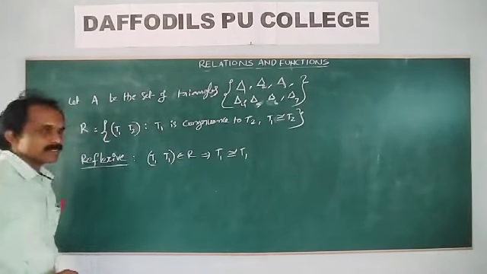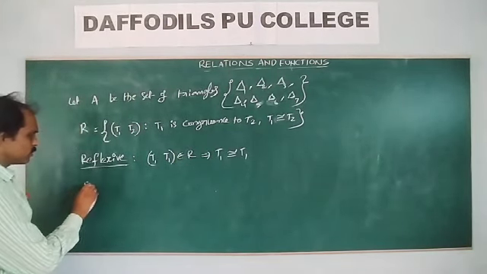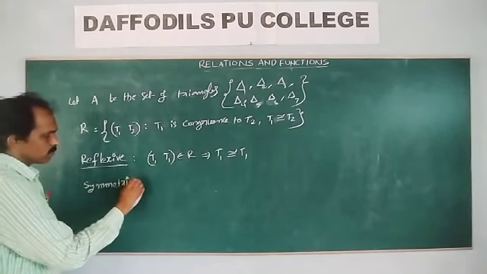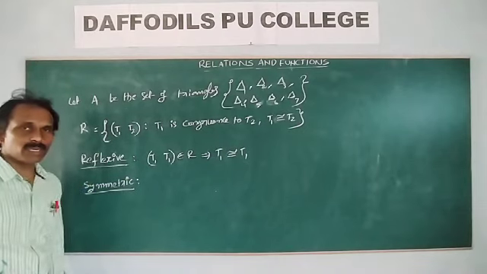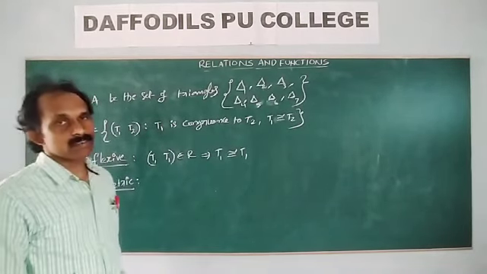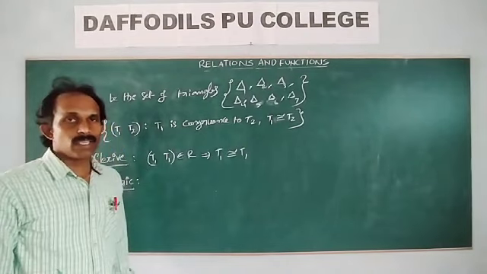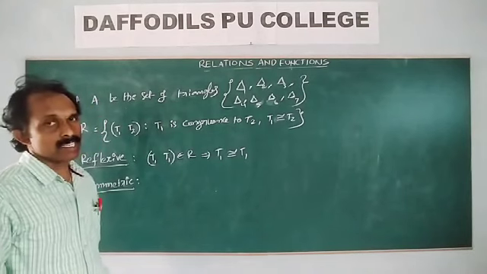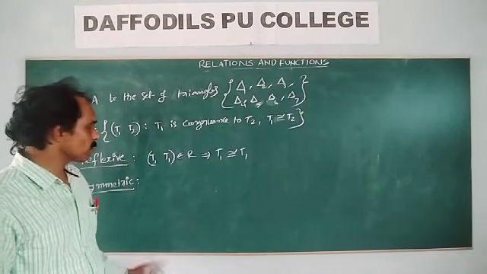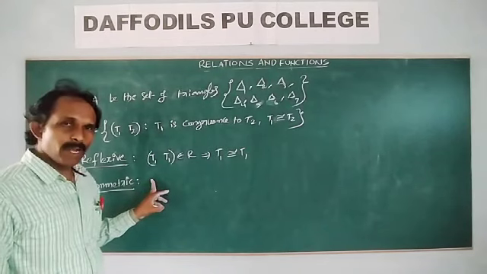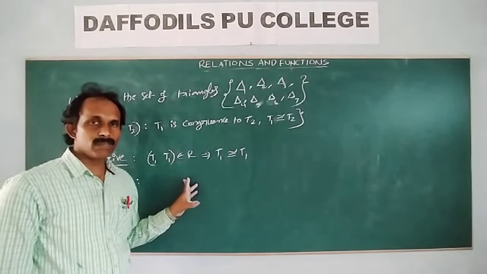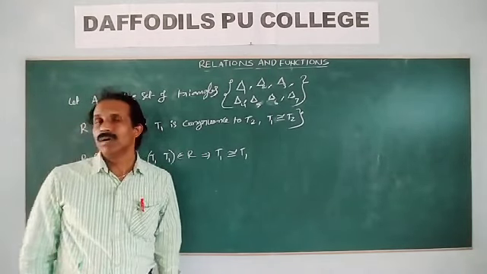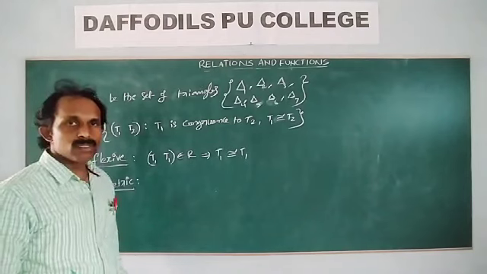Okay, it satisfies. Next, symmetry. What is a symmetric relation? R is said to be a symmetric relation if (a, b) belongs to the relation, it implies that (b, a) also belongs to the same relation.